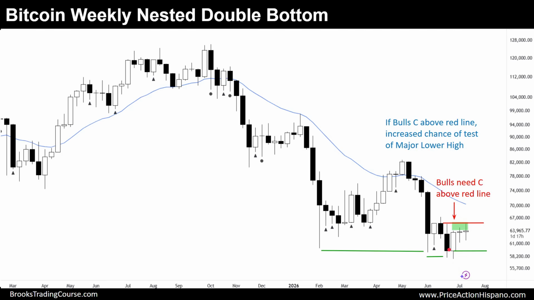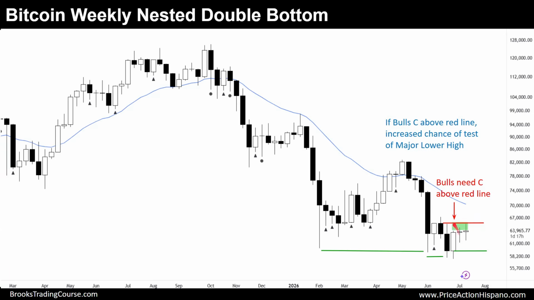But if they truly want to have options of testing the high of the bear swing down of the major lower high, they need at least to close soon above this red line, which is the highest open, sorry, after the bear trend resumption down. If they do not close above that and there is a reversal down, this may be just a bear flag and more downside might be expected.